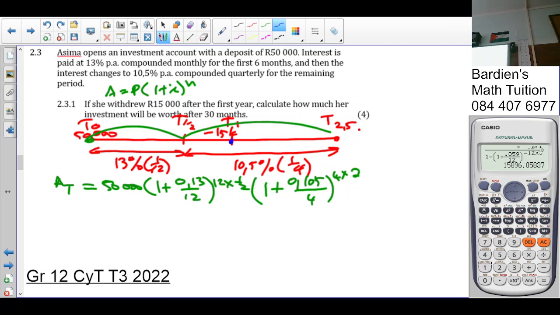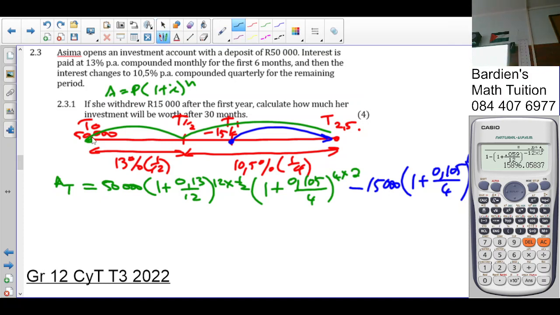Now consider the 15,000, which is subtracted. So it's 15,000 rand into (1 plus 0.105 over 4) to the exponent 4 times, and how many years is it from 1 to 2.5 years? 1.5.